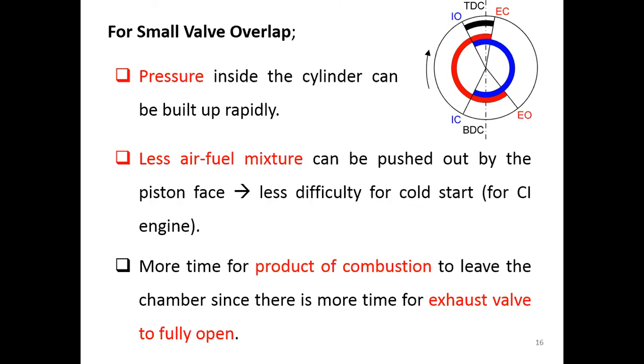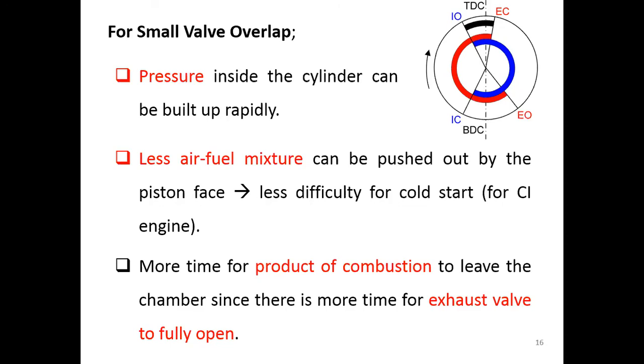But this also has a good point, because you have more fuel air mixture in the cylinder. So if you start the engine in cold weather, you will have less difficulty with the cold start. This is especially good for the CI engine, which has no spark plug to help it ignite. For the SI engine, we have the spark plug to do the ignition, but the CI engine depends totally on itself.